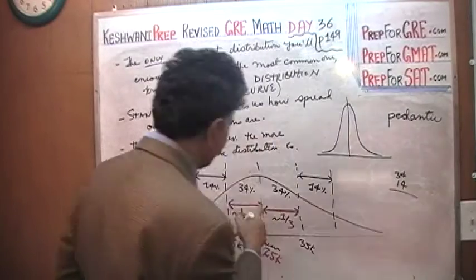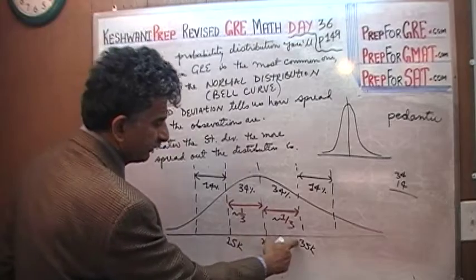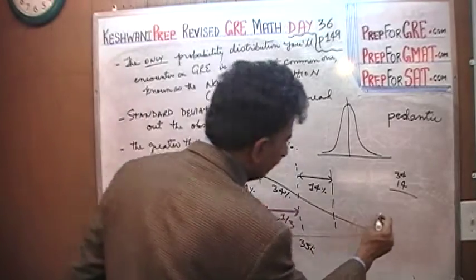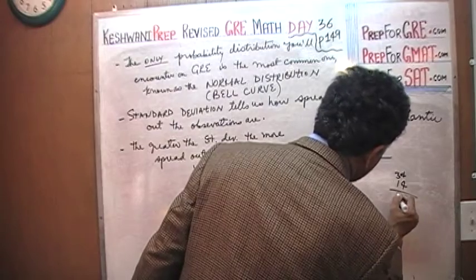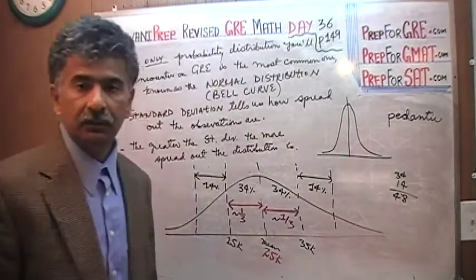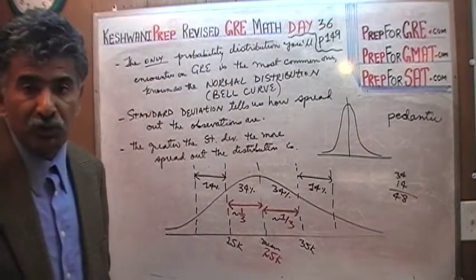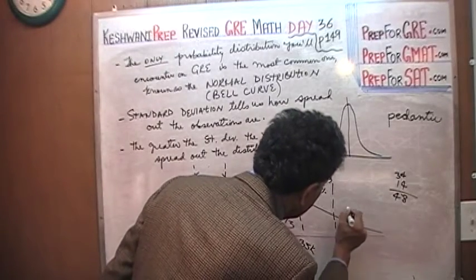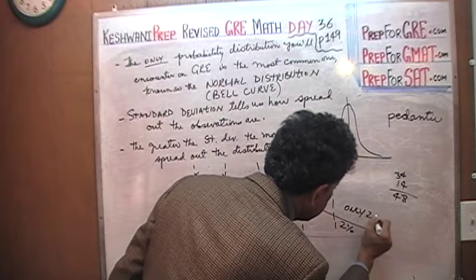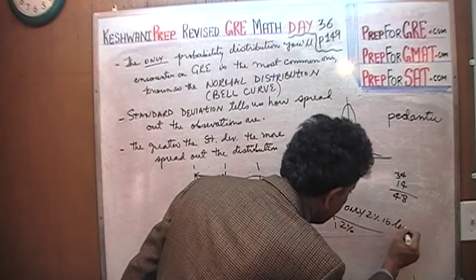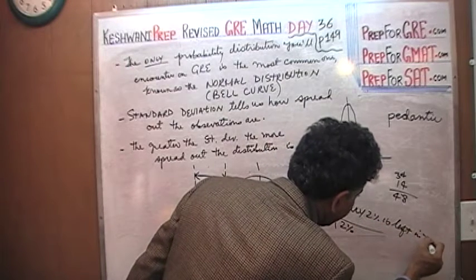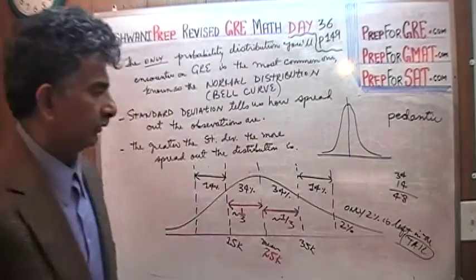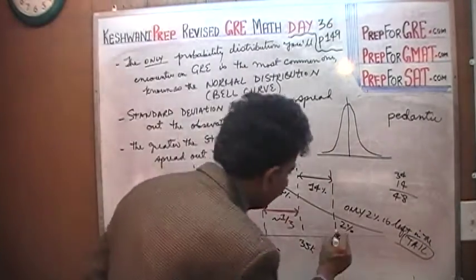Then we have 14%: 34% from the mean to the first standard deviation, another 14% from the first to the second standard deviation. So that's 8, and this is 4, that's 48. What you're left with is virtually nothing, only 2% is left in the tail. Only 2% of the observations right here.